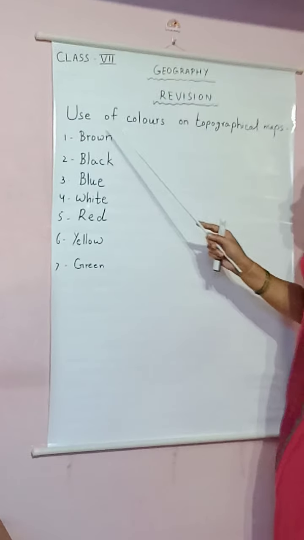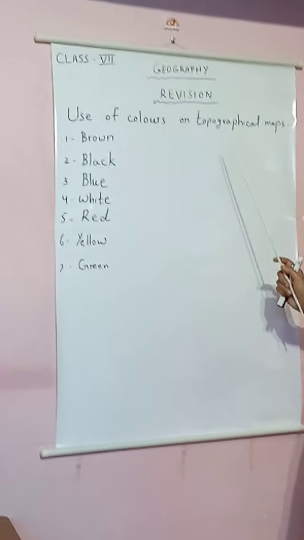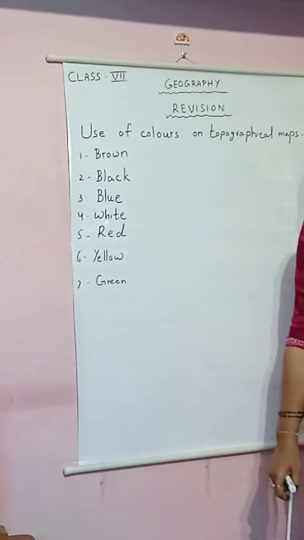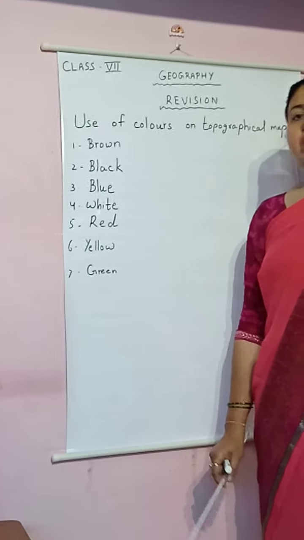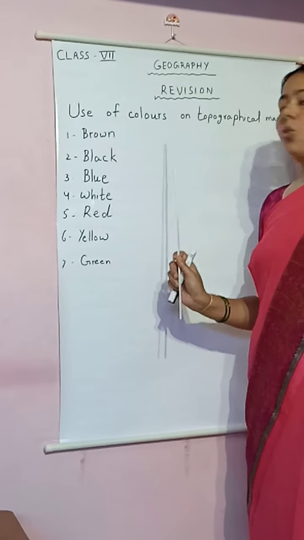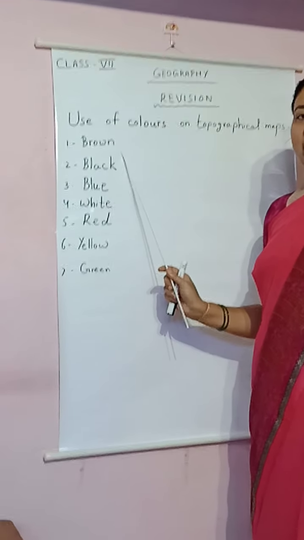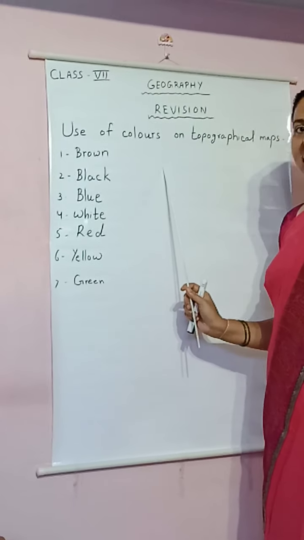Second point is use of colors on topographical maps. What is the use of the colors in the map? As we all know, the color is very important to read a map. Without using a color, we don't read a map. So first color is brown color. Brown color indicates the contour lines.